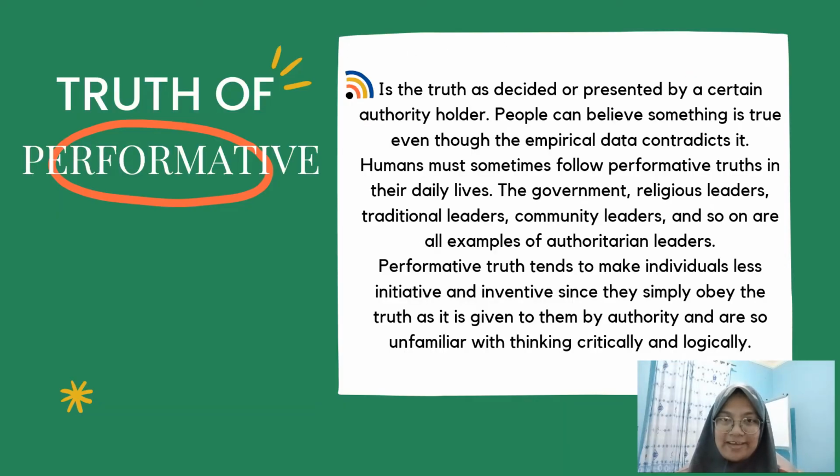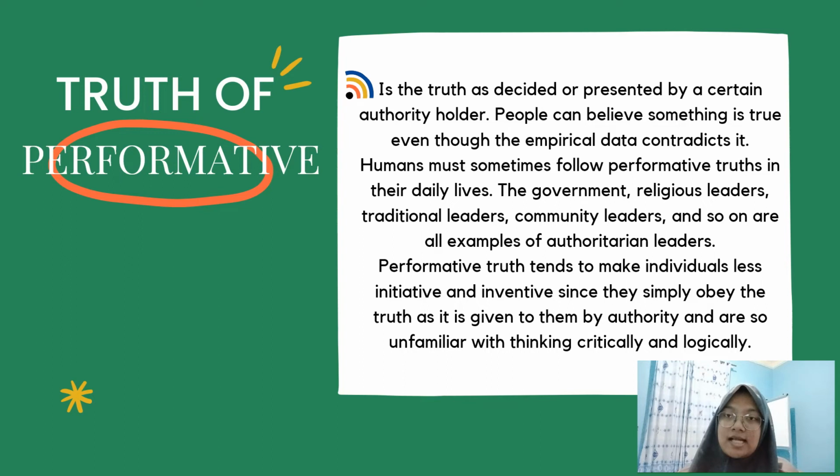Truth of performative. Truth of performative is the truth as decided or presented by a certain authority holder. People can believe something is true even though the empirical data contradict. Humans sometimes follow performative truth in their daily life.